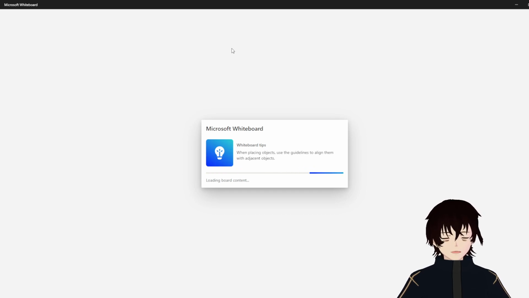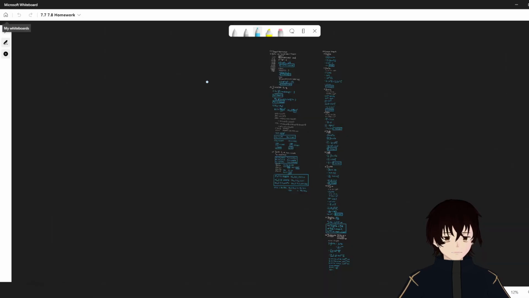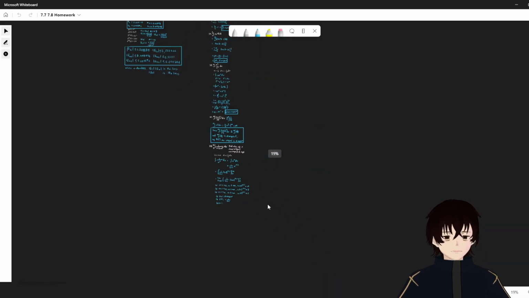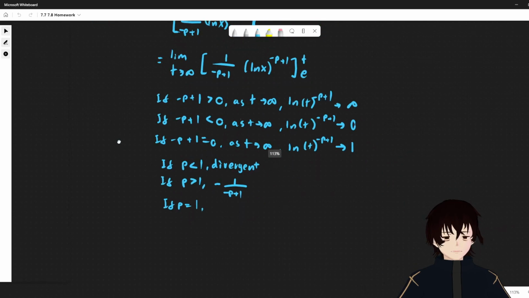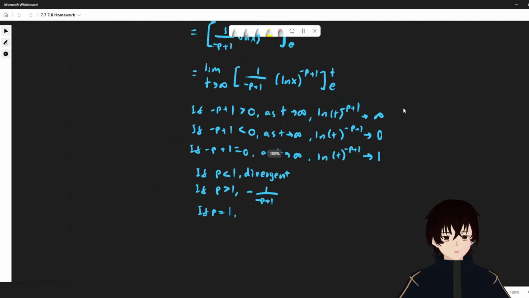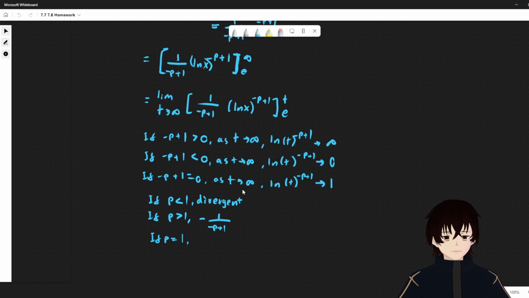Microsoft Whiteboard can be quite slow at times. If p is equal to 1, so that's t approaches infinity. So natural log infinity is infinity. It still approaches infinity.